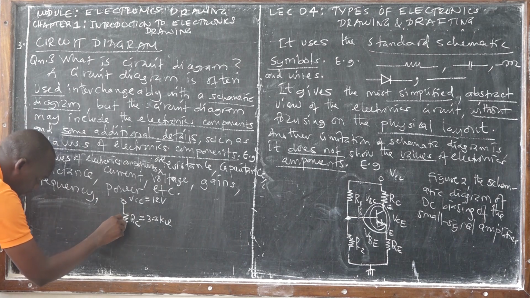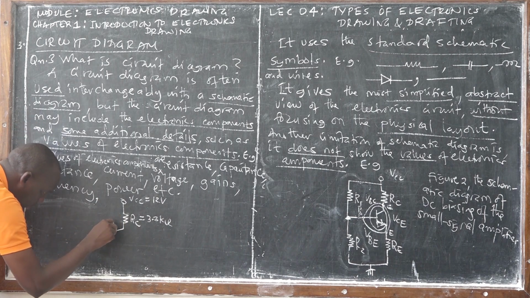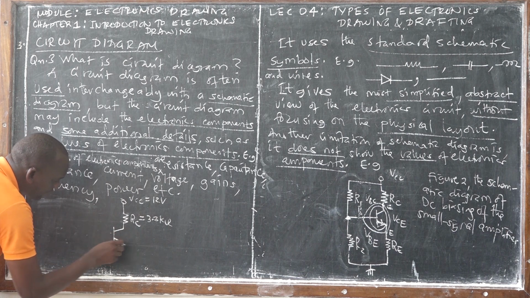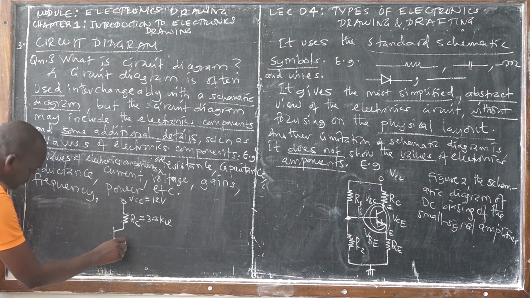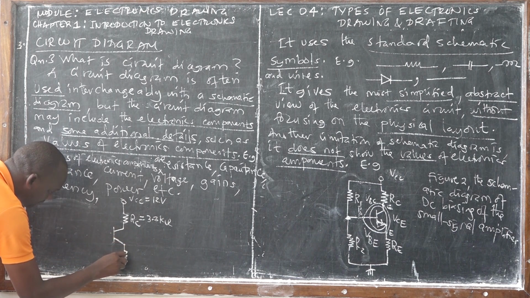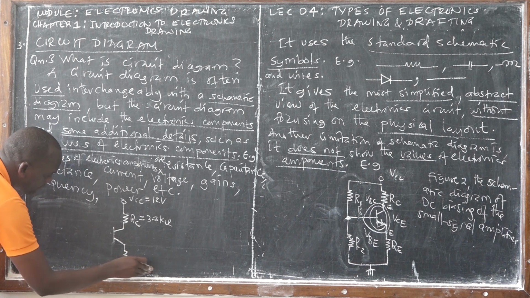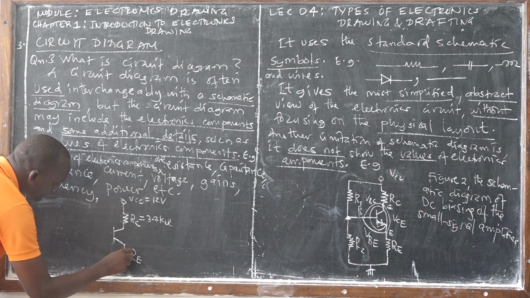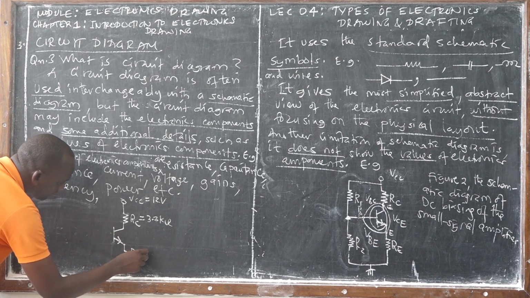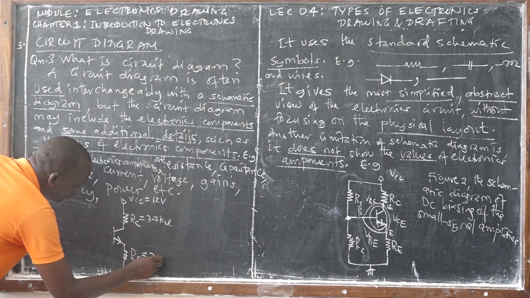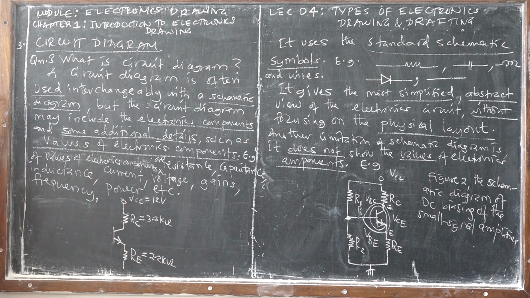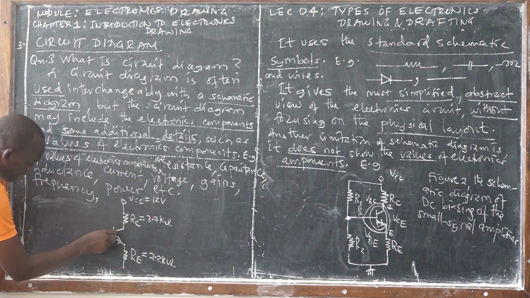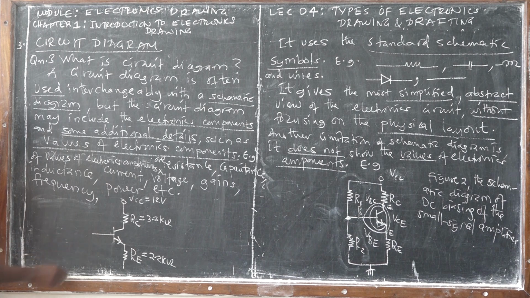Stop drawing, stop writing, look on the blackboard. I'm transforming something which is very important, and you have to make sure that you understand. Then here we have RE, the resistance connected to the emitter terminal of this transistor, let's say it is 2.22 kilo ohm. Then we have the base of the transistor.